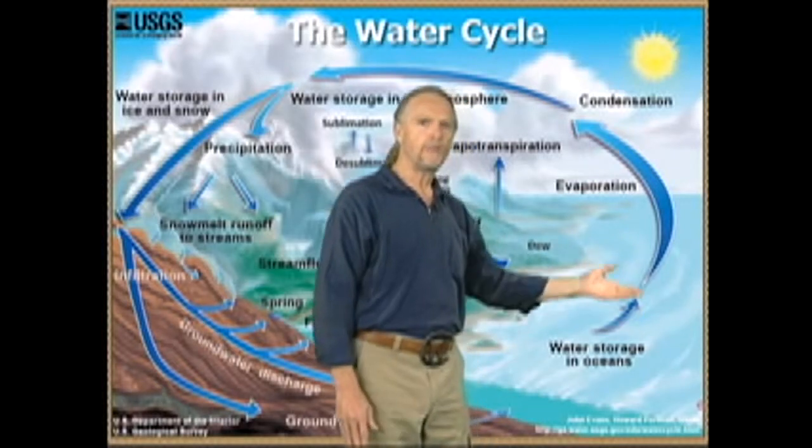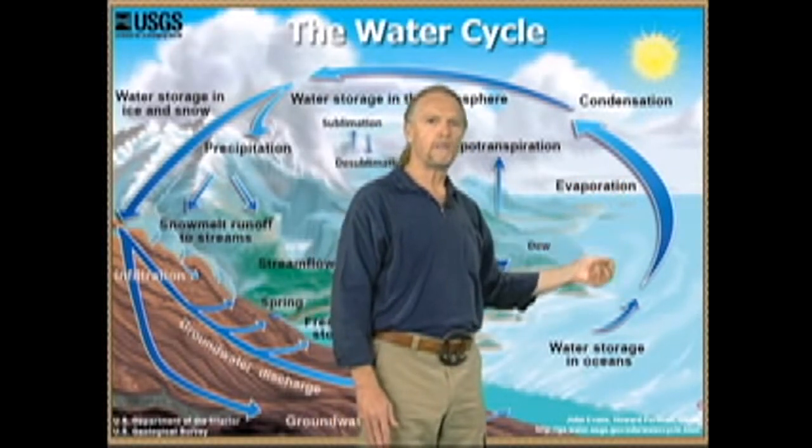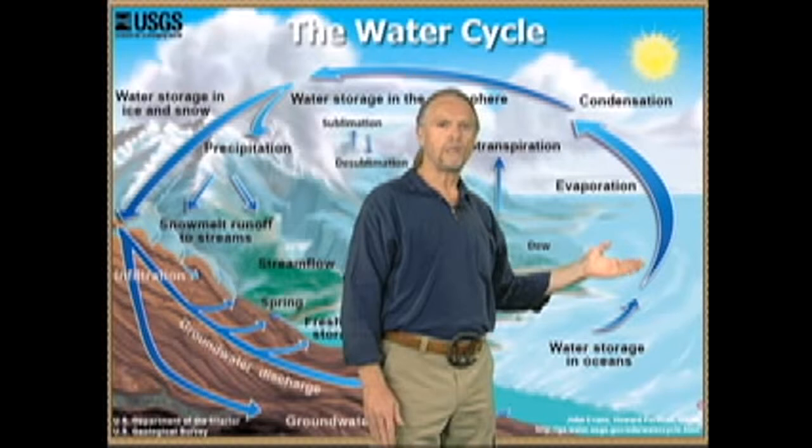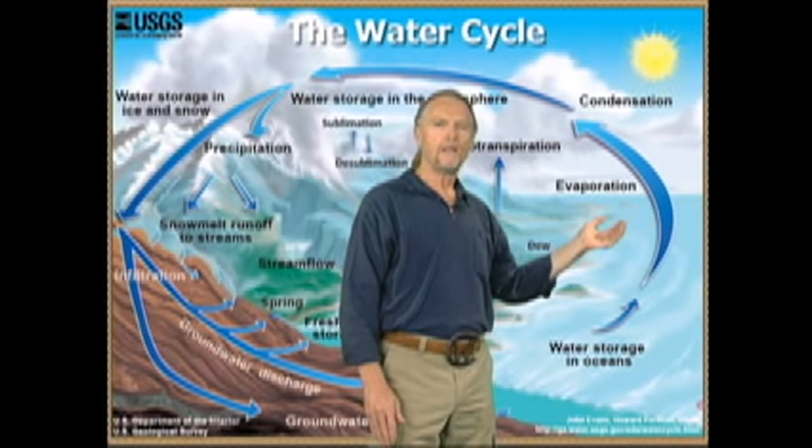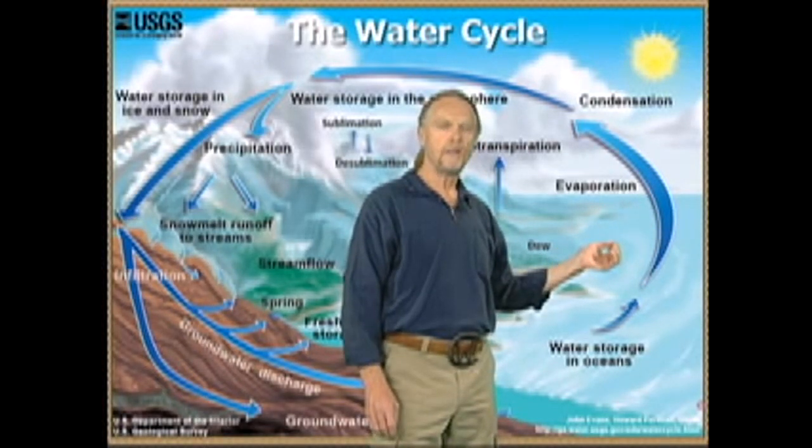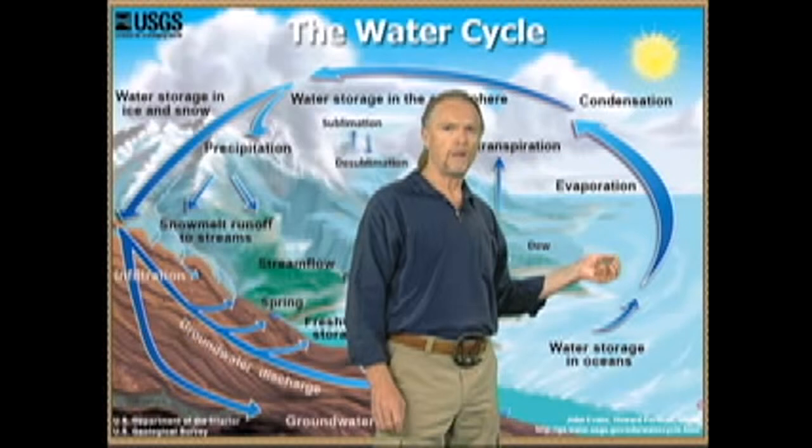We have evaporation of water from surface bodies. We have also evapotranspiration from plants, and we have sublimation, which is the evaporation of water vapor directly from the surfaces of ice and snow, which makes a very small contribution.